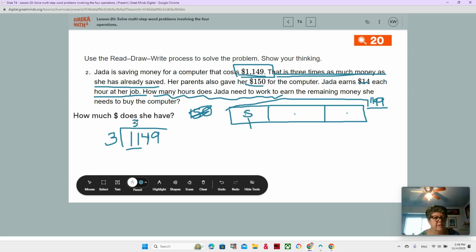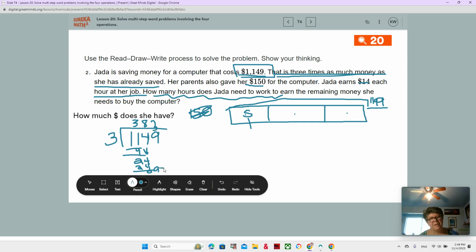3 times 3 is 9. 11 minus 9 is 2. Bring down our 4. Divide, multiply, subtract, bring down. 24 divided by 3 is 8. 8 times 3 is 24. Divide, multiply, subtract. That's 0. And bring down our 9. 3 times 3 is 9.